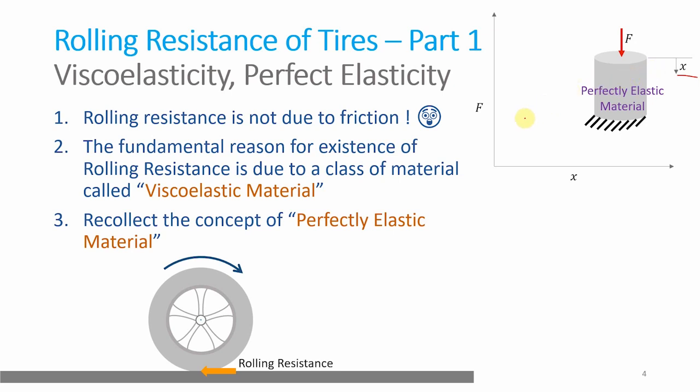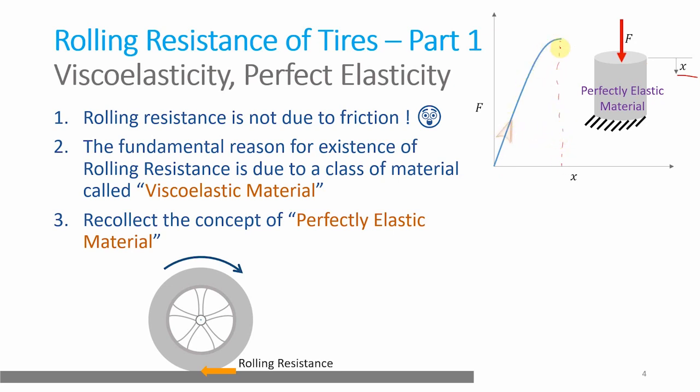Now we will plot the force and the corresponding displacement in this graph. Finally, we end up in a plot like this, and this we have achieved by increasing the force from 0 towards a maximum force, and we have a corresponding displacement related to that maximum force.